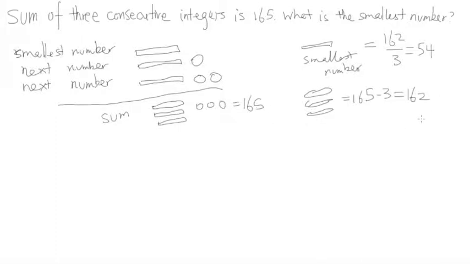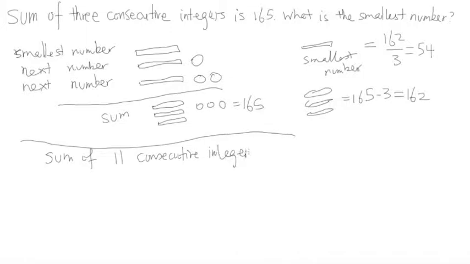All right, this works pretty well for three numbers. But let's think about a similar question. Let's say we have the sum of 11 consecutive numbers, and this is 99.